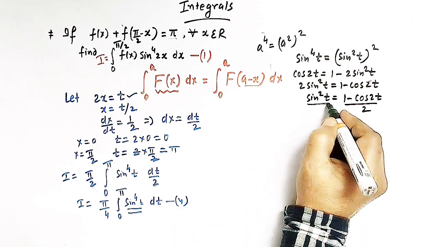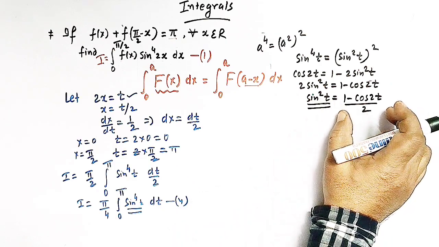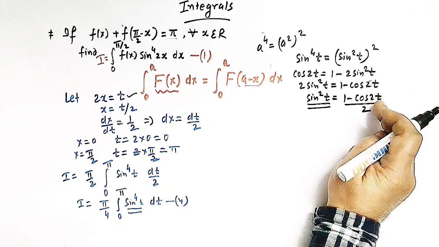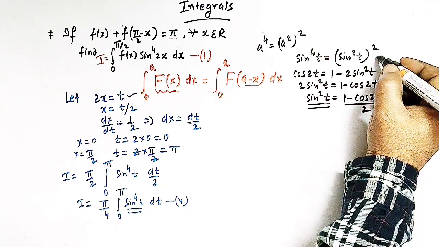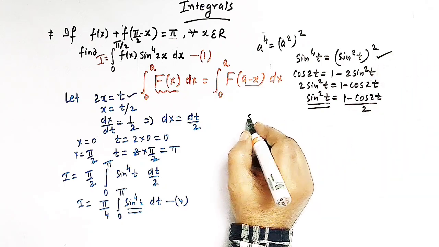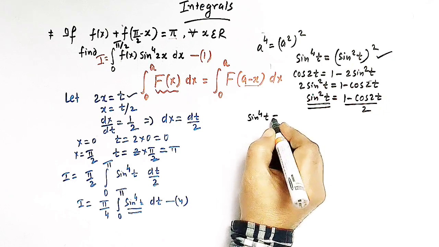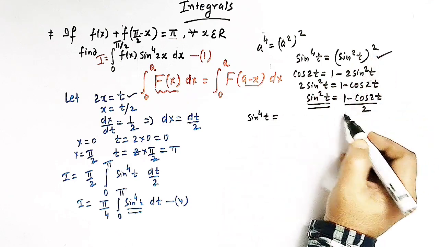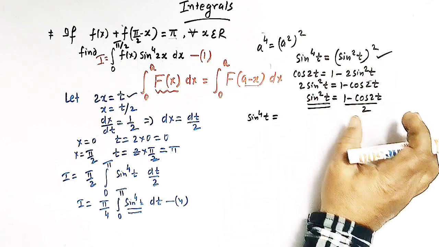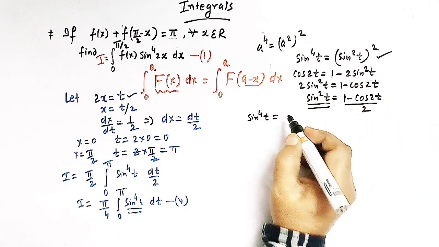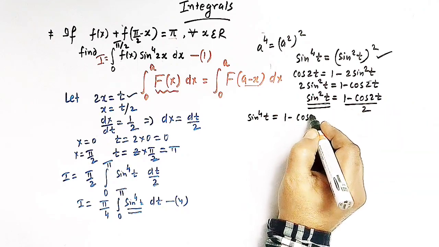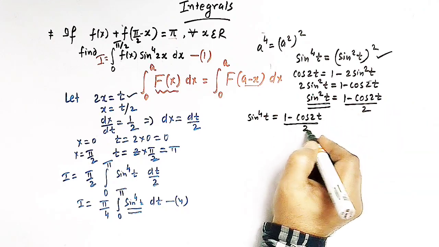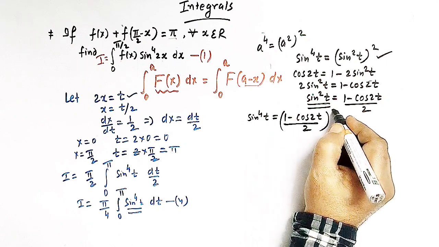So let us substitute the value of sin²t as (1 minus cos 2t) over 2 in this equation. So we can now write the square of this term, because sin²t is given by this term. So we have (1 minus cos 2t) divided by 2, and here we have the square.